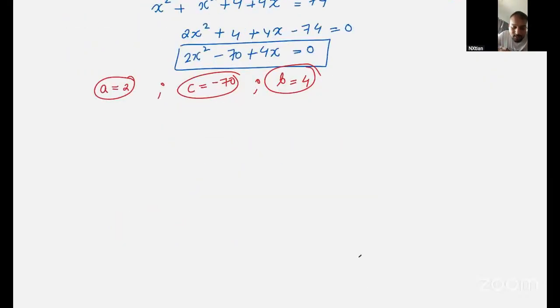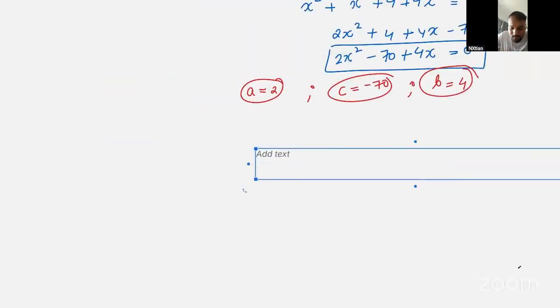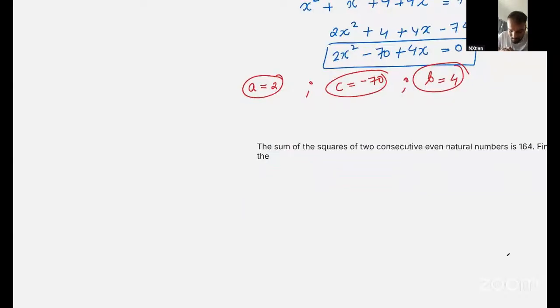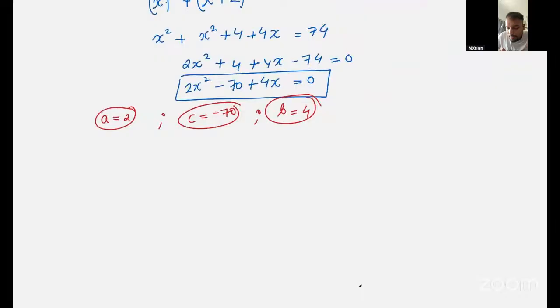What's the answer, Jashon? You got the answer, beta? I took it as (x minus 2) the whole square. The final answer I got was x is 7 and 5.